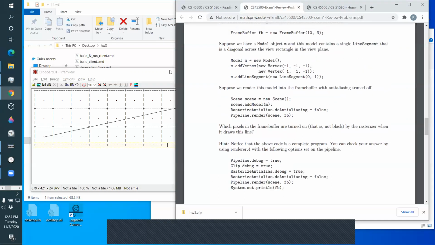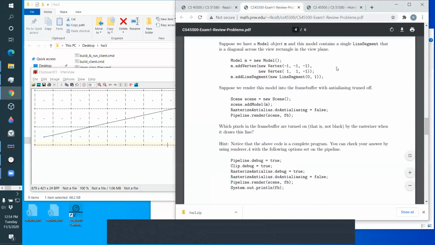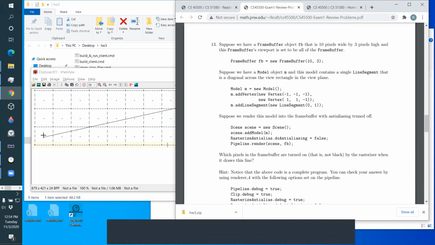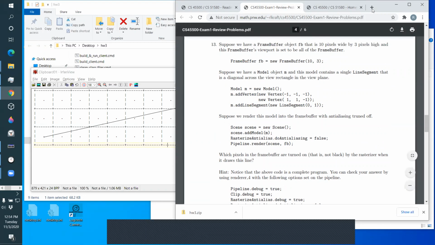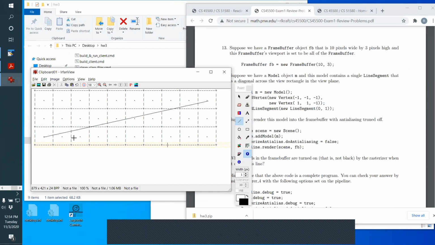So what did we just give the answer to? Yeah, 13. We just gave the answer to 13. So that pixel, that pixel, that pixel, this one, this one, this one. That's the algorithm with anti-aliasing turned off.